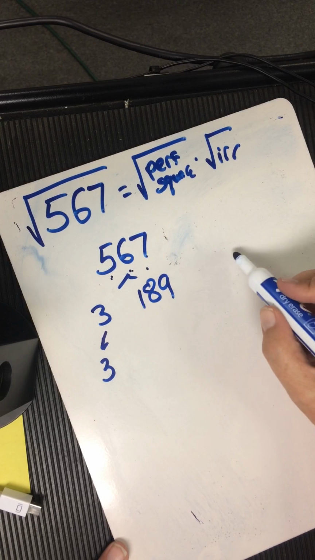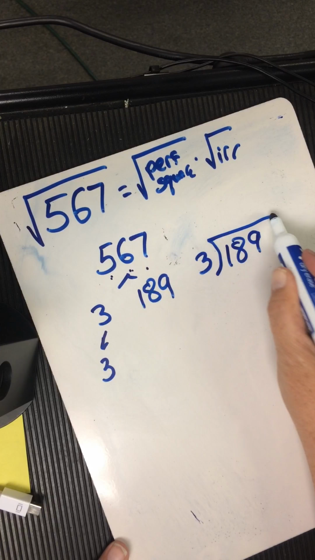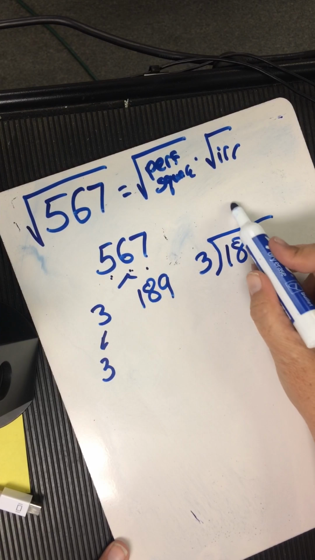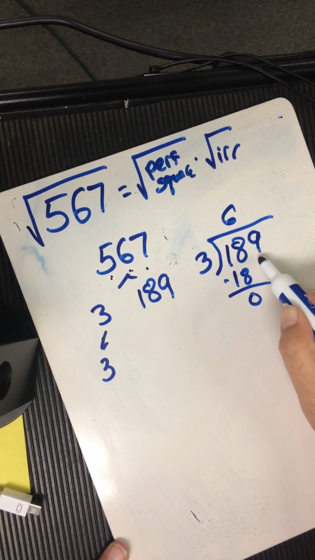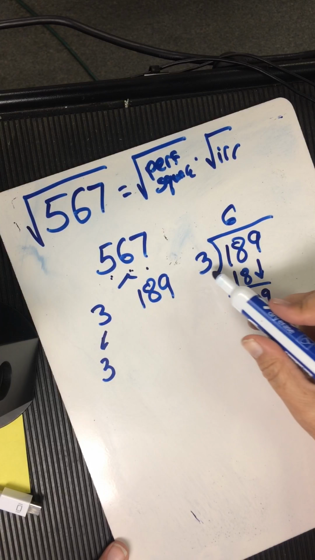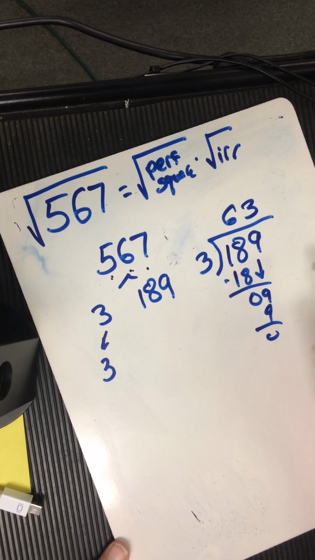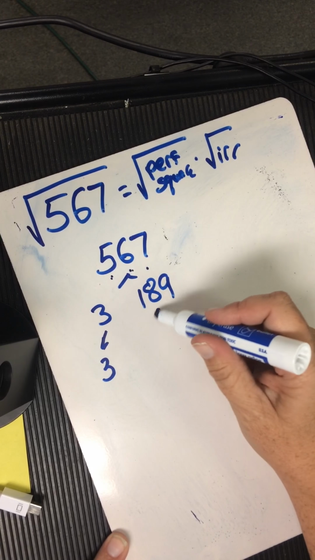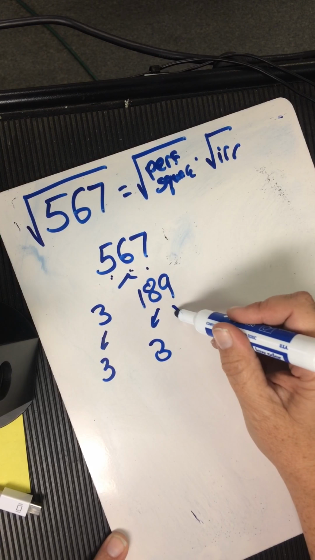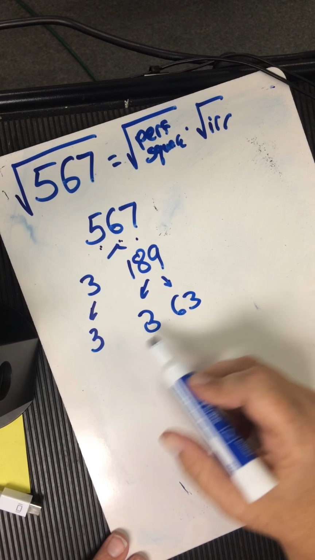But if you want to write it out, same thing. 18 divided by 3 is 6. Multiply, subtract 0. Bring down your 9. 3 goes into 9 3 times. So it's 63 times 3. Okay, 63. Oh, that's 9 times 7.